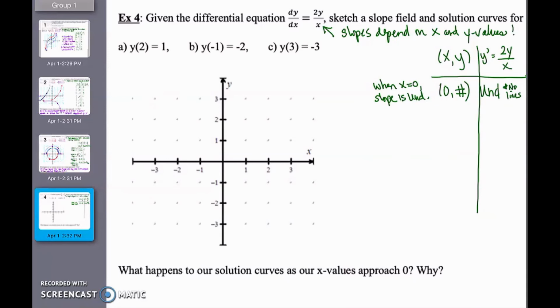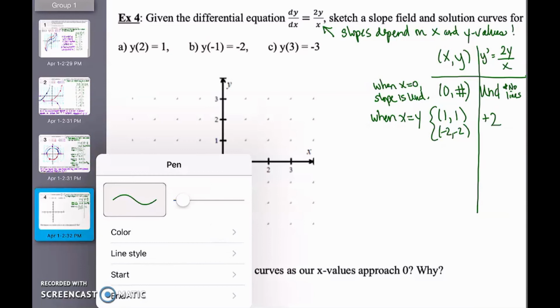Next thing that I might consider is that my slope is always going to be twice my y value over my x value. So I'd like to think about, well, what happens when my x value equals my y value? When x equals y, like for example 1, 1 or -2, -2, it doesn't really matter, I'm always going to end up with a slope of +2.